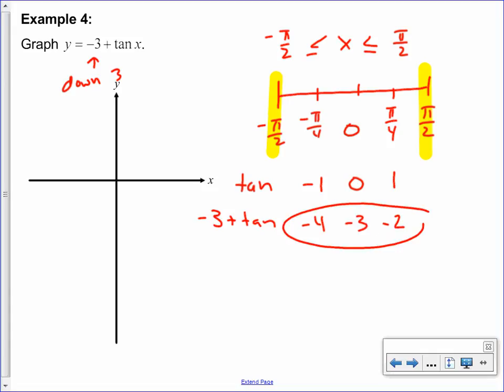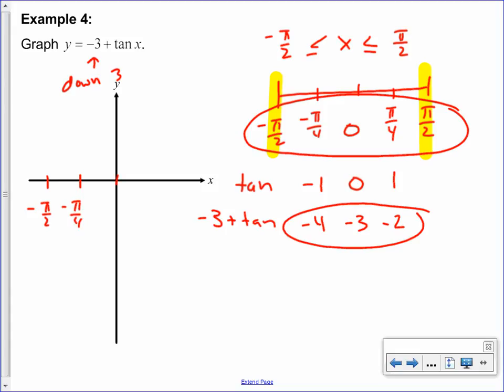So these numbers and these numbers. Here we go. 1, 2, 3, 4. Negative 3, negative 2.